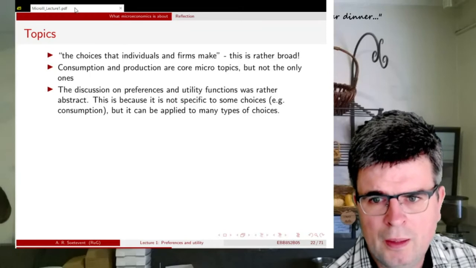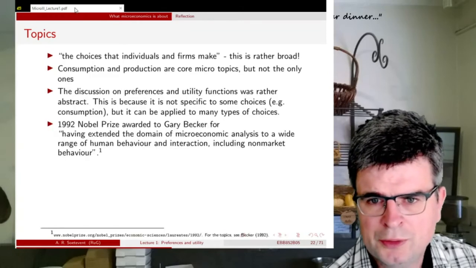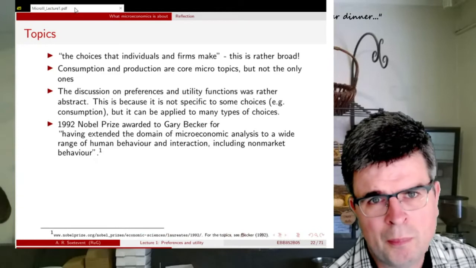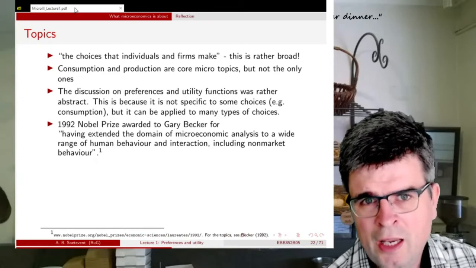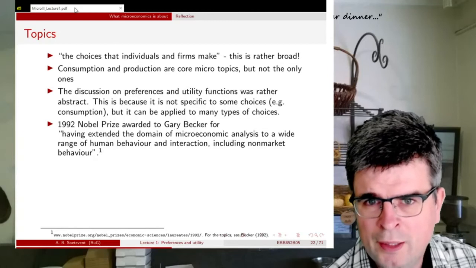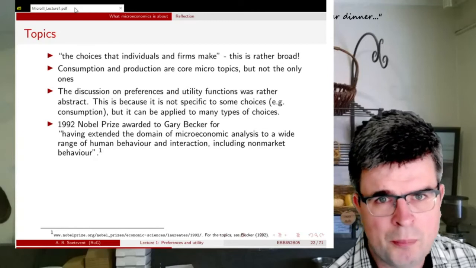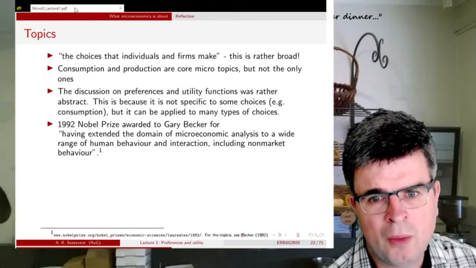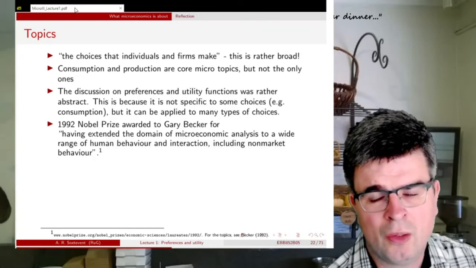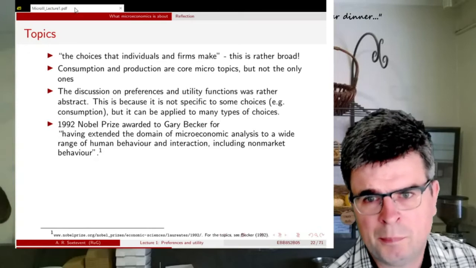It can be applied to many choices, and Gary Becker, who won the Nobel Prize in Economics in 1992, played a pivotal role in extending the domain of microeconomic analysis. He made it much more interesting by also looking at a lot of non-market choices that people make.